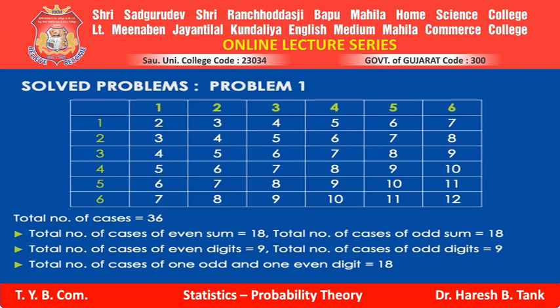Total number of cases of even digits, they are 9. Total number of cases of odd digits, they are 9. Just list it down, you will come to know. Total number of cases of one odd and one even digit becomes 18. Once you just list out all of this, now try to solve all the probabilities one after another.